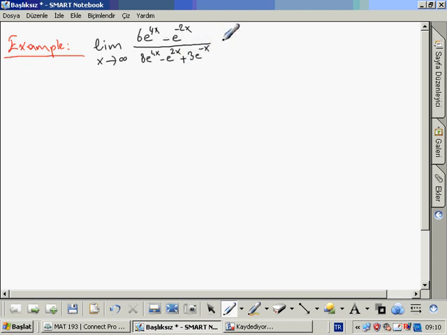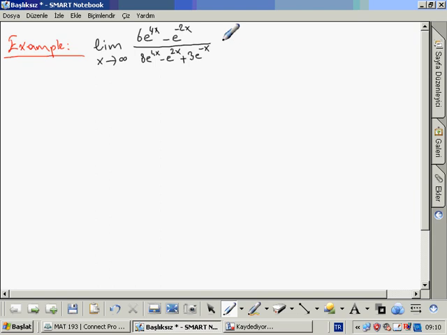Okay, and for this example, the basic concept involved in working this problem is the same as with the rational expressions in the previous sections. Now we'll look at the denominator and determine the exponential function with the largest exponent.